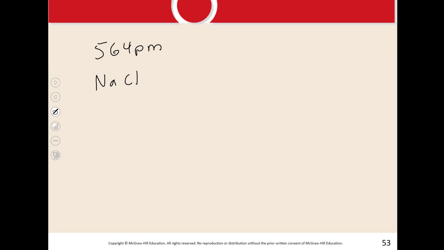Last time when we were calculating the density, what was our equation that we made up for the density? Density is equal to what over what? Good, mass over volume. And last time we did that in terms of the unit cell, and we took the mass over volume and made it more specific to a cell. So what do we end up having on the top to calculate mass?